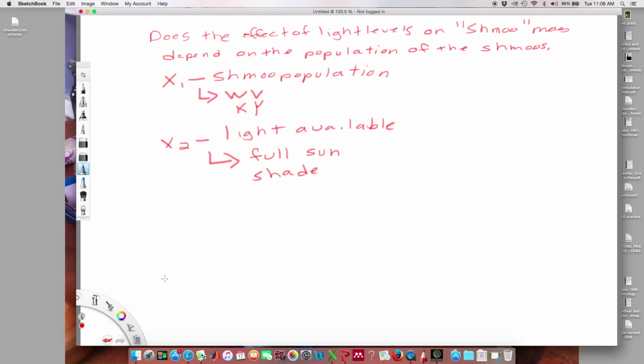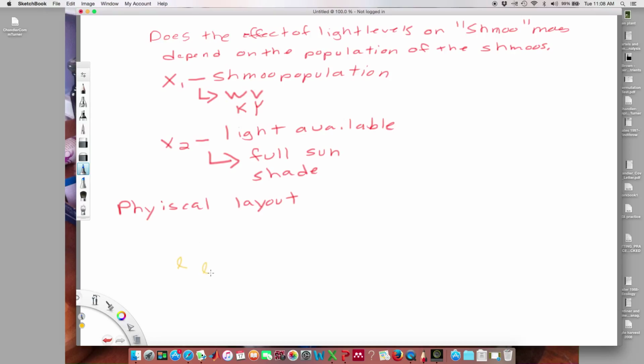So, the first thing we need to do is draw out something I call a physical layout. This is just what it's actually going to look like in the field. Let's say we have our shmoos, and I'm going to make our West Virginia shmoos gold because of WVU.